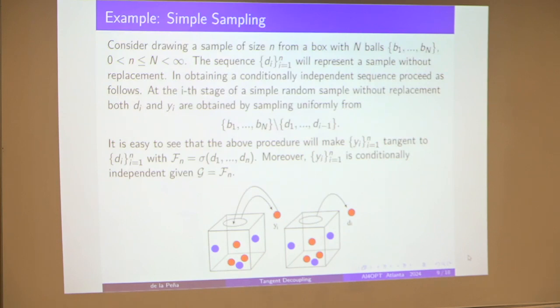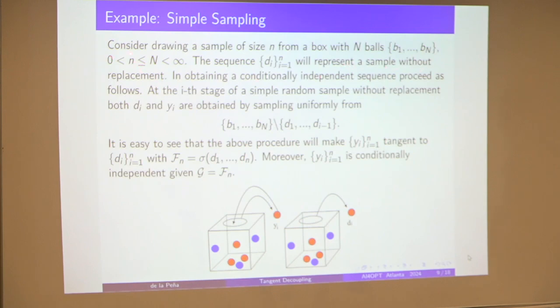I should have waited a little bit, because I have that here. This is more graphic, so let me show the diagram, because maybe this will be clearer than my explanation. Suppose you have a box with capital N balls. The sequence d sub i will represent a sample without replacement.